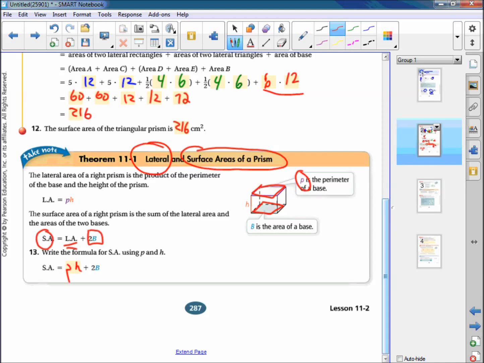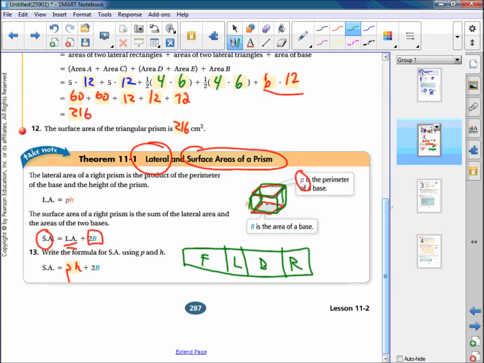Now, where does the perimeter times the height come from? If we unfolded all of these parts around, so we've got the red on top and bottom, but let's say we had green that was all the way around. If we unfold that green, what we end up with is 4 rectangles. This is the front and the back, and then this is the left and the right.